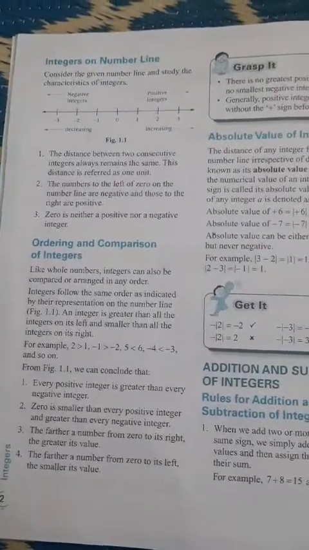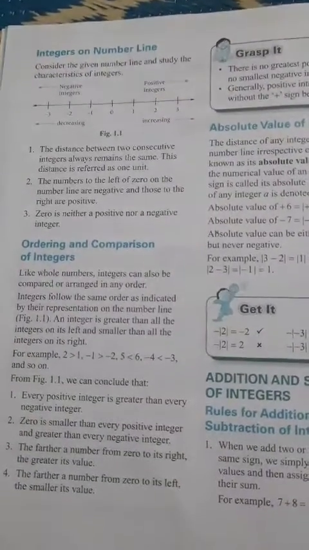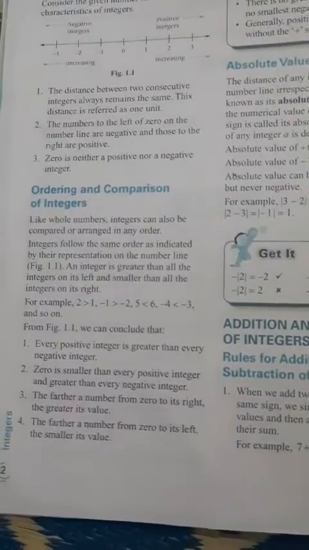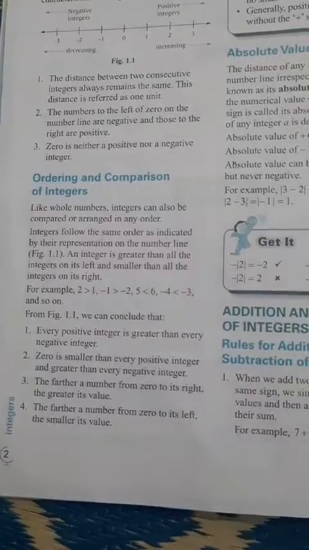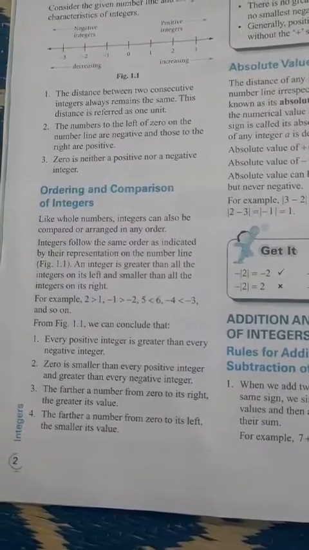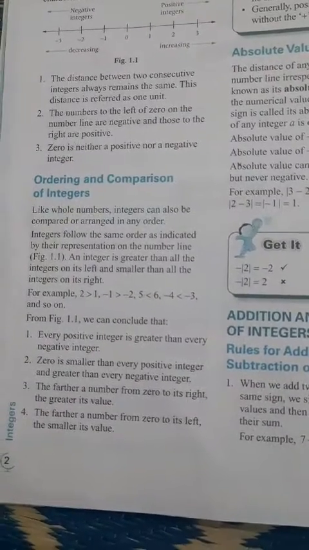And comparison of integers. We have already seen the comparison of whole numbers. Now we will see how to compare integers, and how to write integers in ascending order and descending order. Ascending order is another name for increasing order.